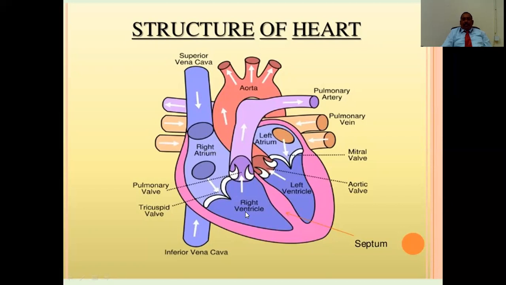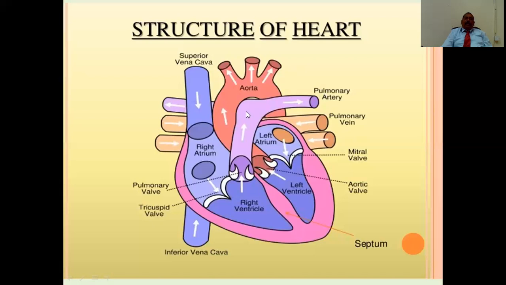Now it has gone to systole, by which it contracts and increases the pressure inside the right ventricle, as a result of which this valve, called the pulmonary valve, opens, and the blood is pushed into the blood vessel called the pulmonary artery.